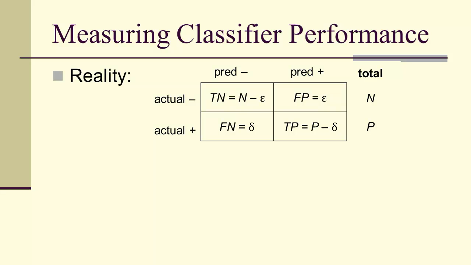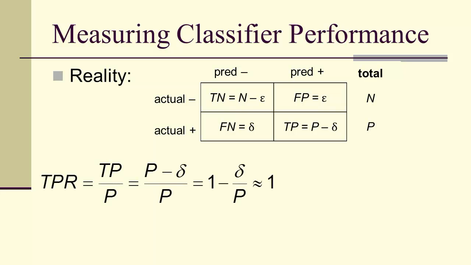Now assuming that the epsilon and delta here are small, notice the true positive rate mathematically reduces to 1 minus delta over P, and if delta is small, then that's approximately 1. Delta has to be small with respect to capital P. For the false positive rate, epsilon has to be small with respect to capital N in order for it to be approximately 0.